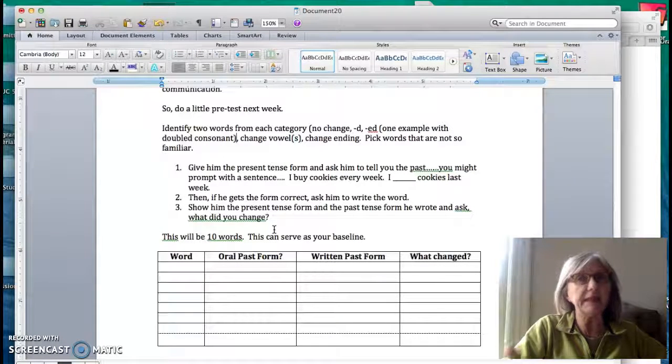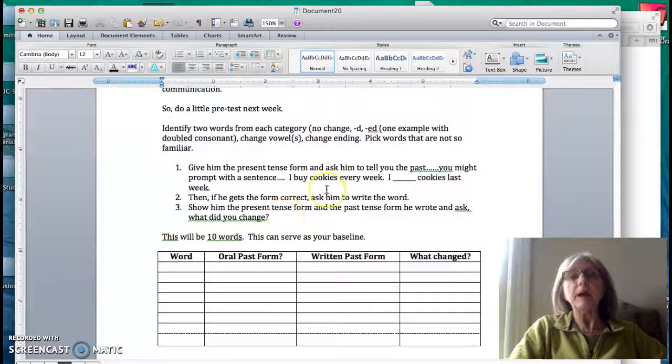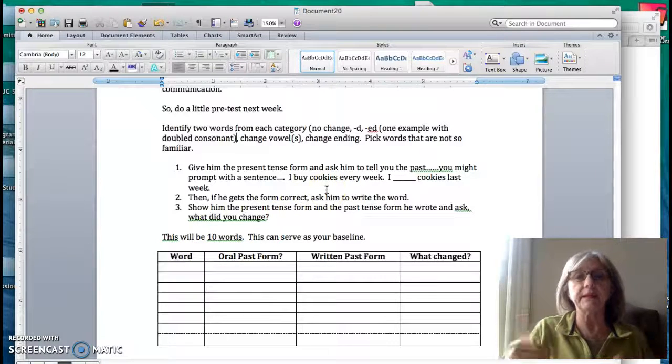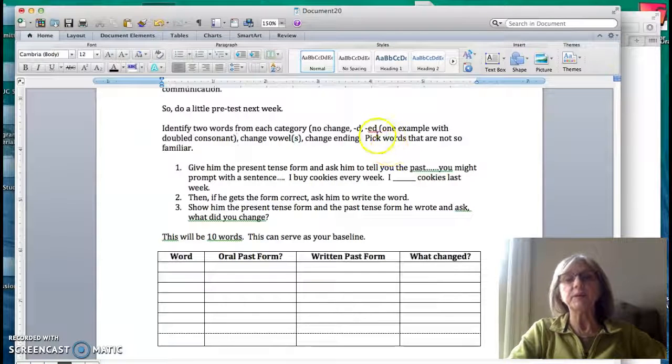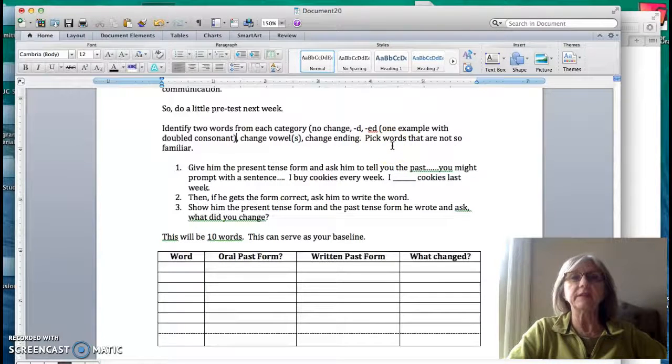So I'm suggesting you might do a little pretest, a baseline pretest. And it may be that Sandy has some information about what words he knows and what he doesn't. But one way to do this would be to take from that list of words, this is your data form, and ask him to change a present tense form to a past tense form.